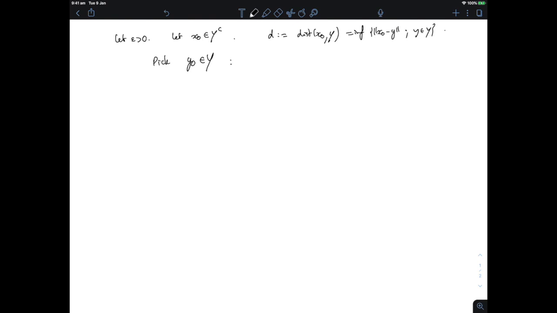So I can pick it such that the distance between x0 and y0 is almost the infimum. So let's say it's smaller than d divided by 1 minus epsilon, 1 divided by 1 minus epsilon being some number slightly greater than 1, depending on my epsilon.